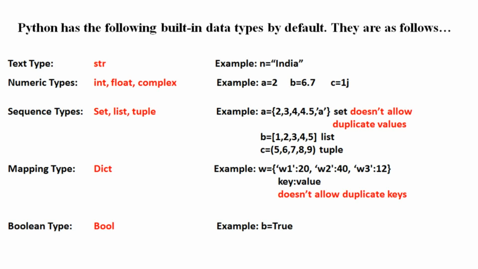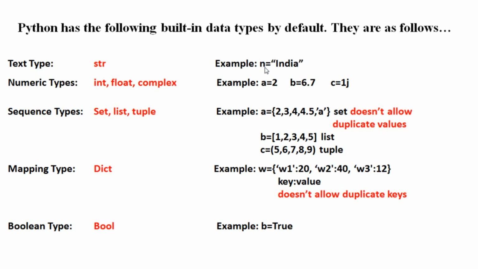The first one is string. Any text data if you want to store, you store it in string data type. And how to store it? You will write variable name is equal to, you can put it in single quotes or in double quotes, the data. I have stored India and the location is what?